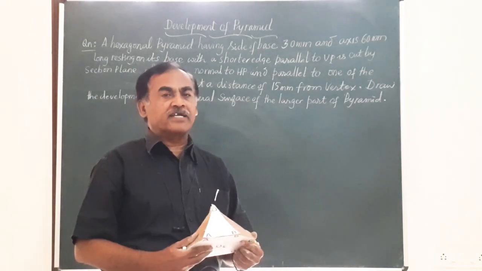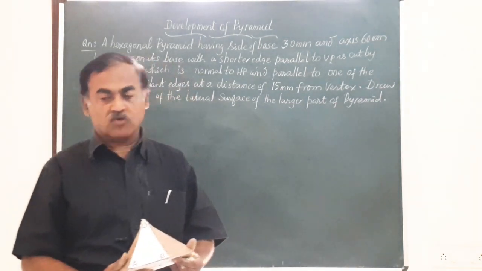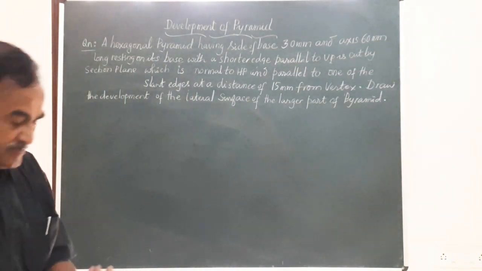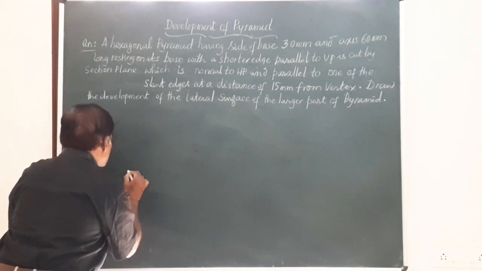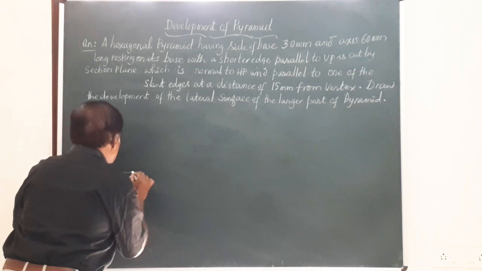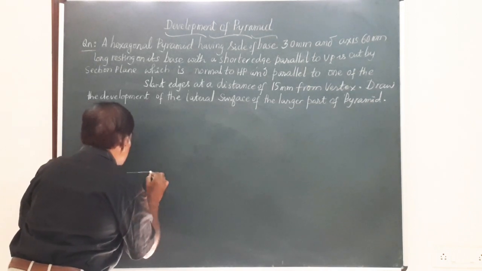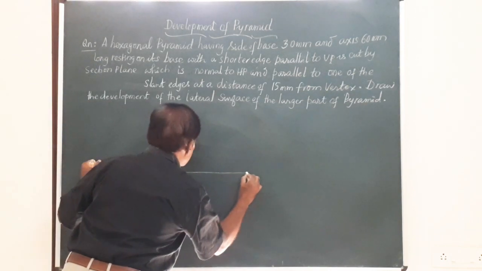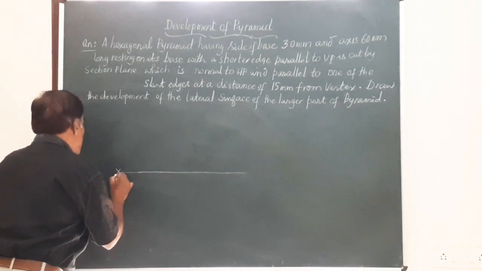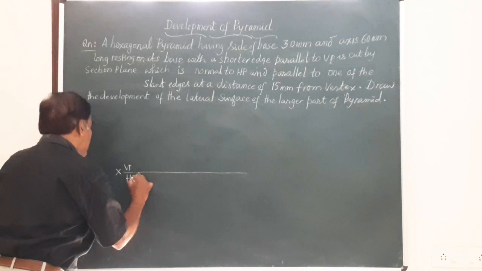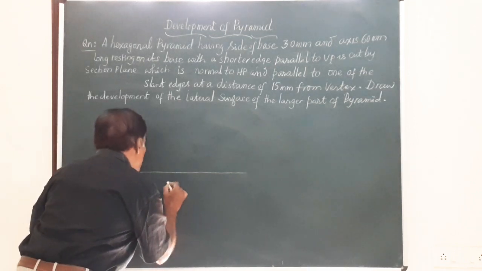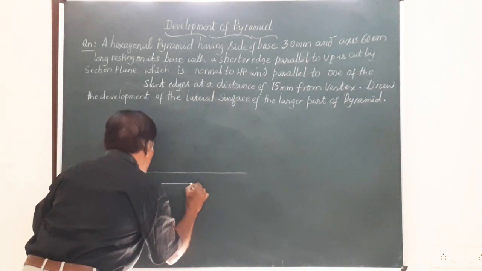So let me complete the projections of the solid first. This is the XY line. I will be marking VP and HP indicating first angle projections. Let me complete the top view of the solid.